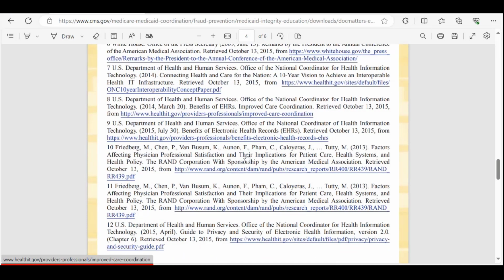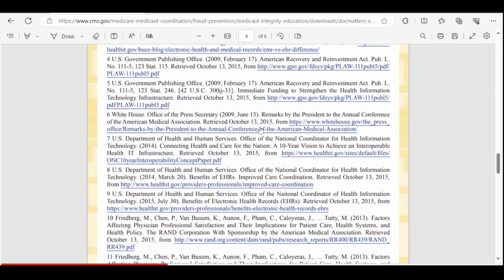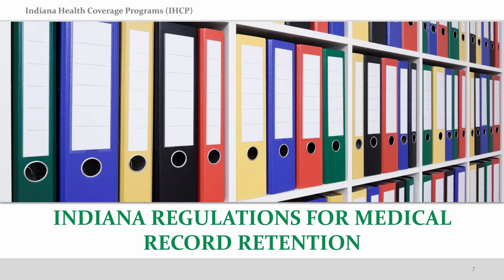We recommend that you spend some time on this page and access these guidelines from CMS. We will now review Indiana's regulations.